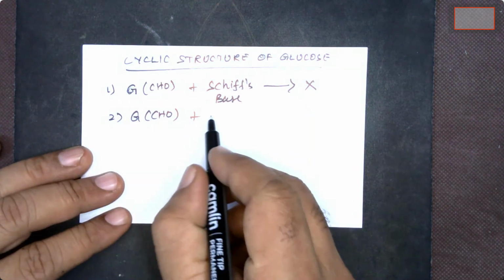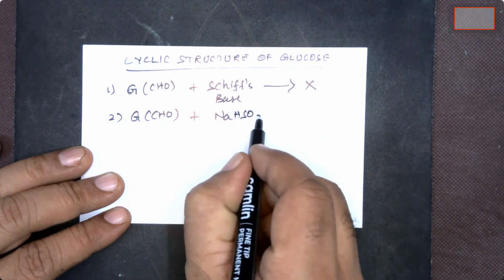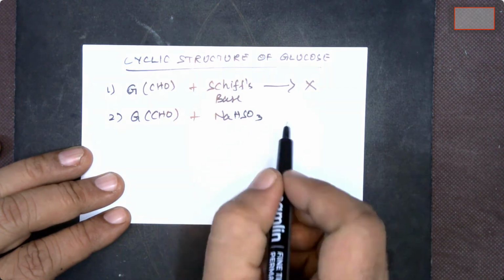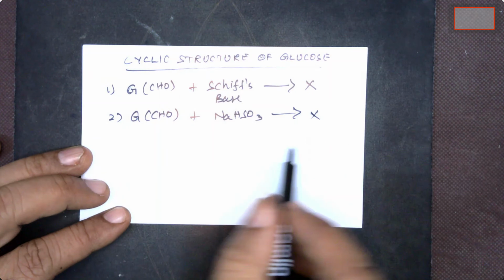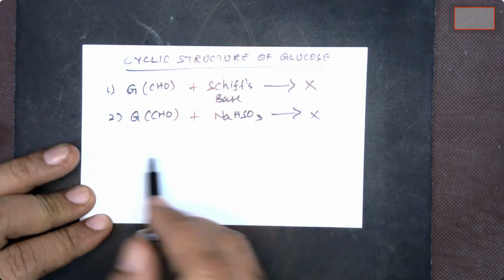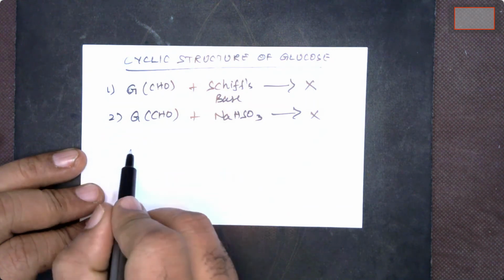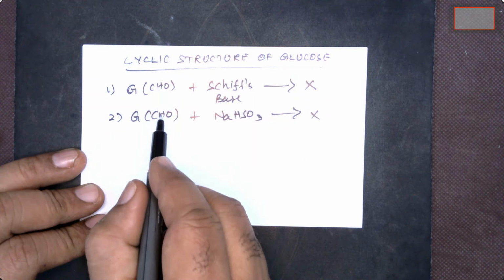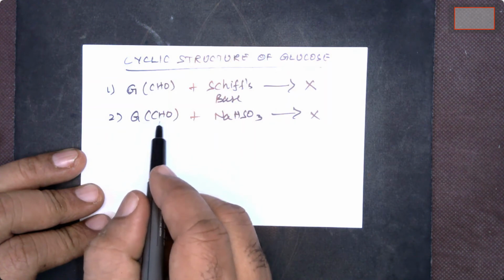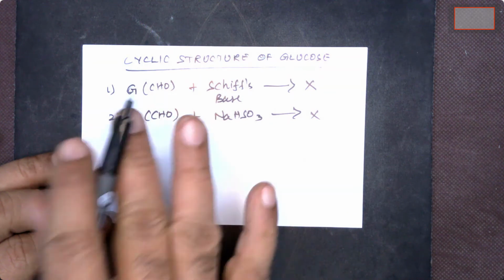Hydrogen sulfite means sodium bisulfite, NaHSO3. No addition product. So it means this CHO is not free. It is not freely available.